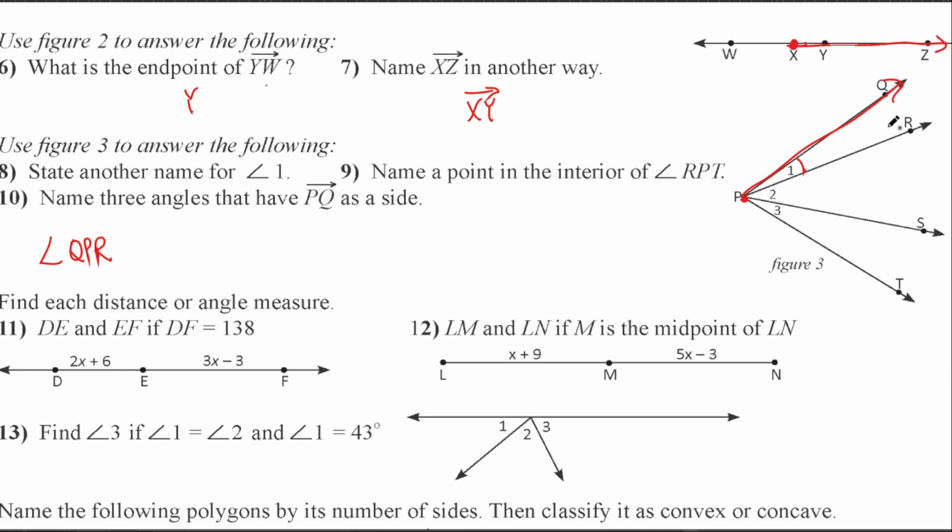QPR, isn't that one of them? Yep, got it right here. So that's one of them. What else could you name? QPT, and what else? QPS. That's right. Everybody see that? Because ray PQ is part of all 3 of those angles. So that would be your answer. I'll let you write them down.